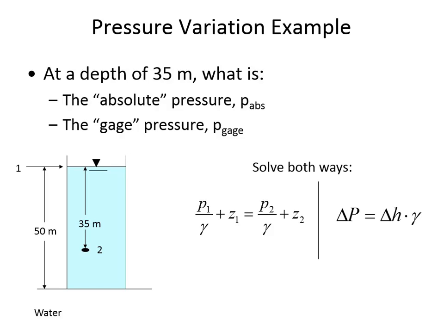So, let's calculate, just as a review, at a depth of 35 meters, what's the absolute pressure and the gauge pressure at location 2, using both approaches to calculate the pressure at location 2. All right, so this is one of those cases where it's absolutely fine, in fact encouraged, for you to collaborate with the people sitting next to you to calculate the pressure at 2.